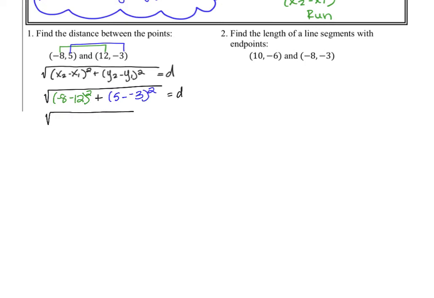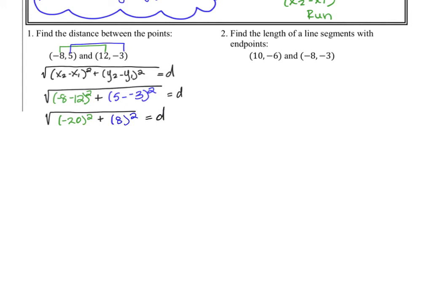So now we're going to simplify what's in the parentheses. So -8 minus 12 is -20 squared. And then 5 minus -3 is going to be 8 squared equal to d.